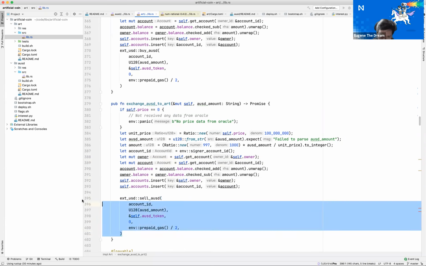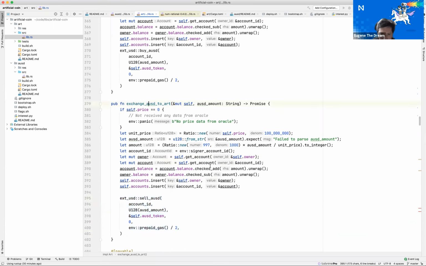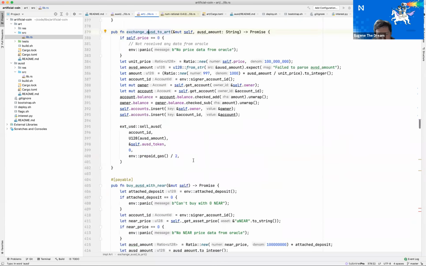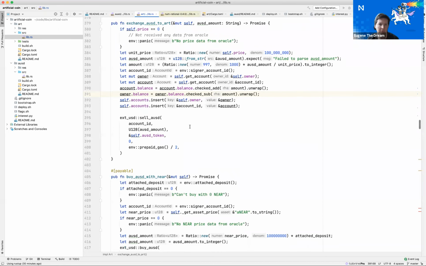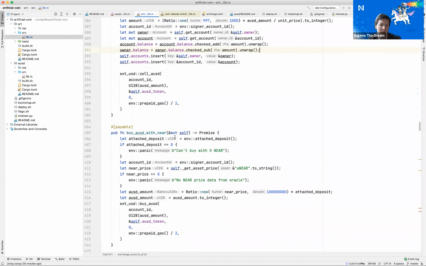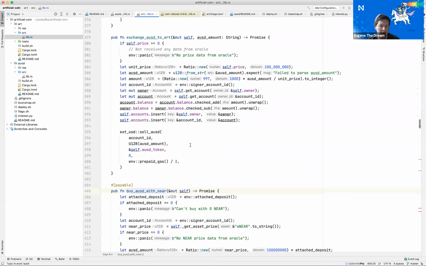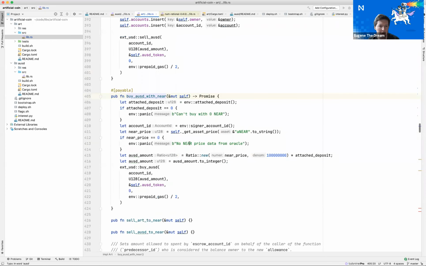You call it first, then it calls you back. Or you call this, then have a callback. Then you do unwrapping here. Buy AUSD with near.